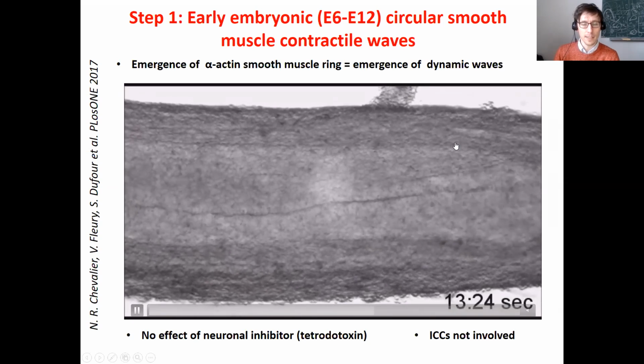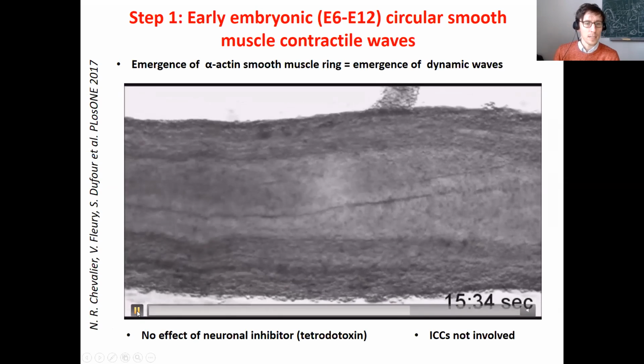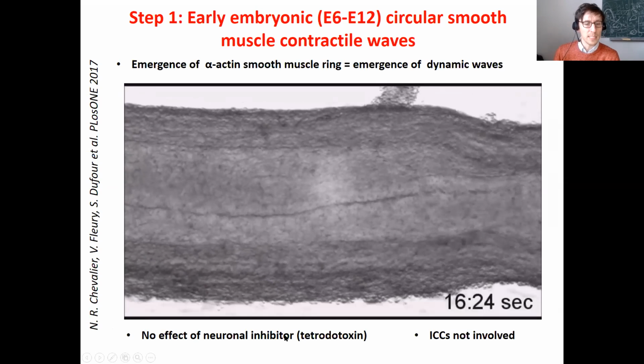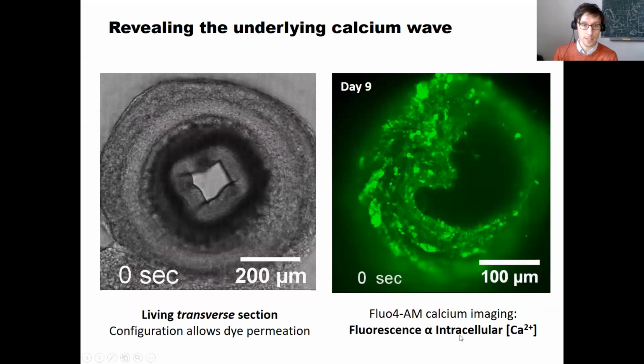When they meet, they'll annihilate. So this movement is purely myogenic. If we apply tetrodotoxin, it does not have any effect. And ICCs are not yet involved because they're not yet differentiated, or they are not yet active. I'll come back to this later.